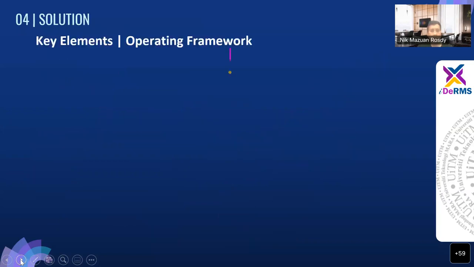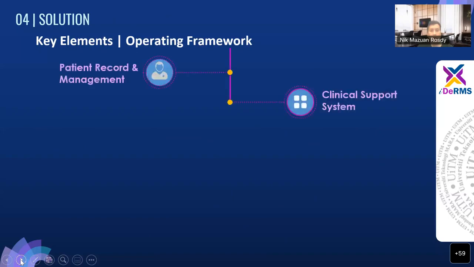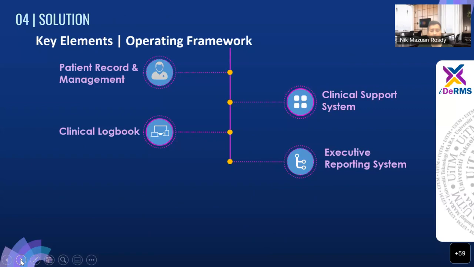The key elements of the operating framework are patient record management; the clinical support system, which is X-ray, prosthetic lab, and histopathology lab; the clinical logbook; the executive reporting system, which your lecturers are using as well; and lastly the assessment performance appraisal, which we are trying to enhance soon.